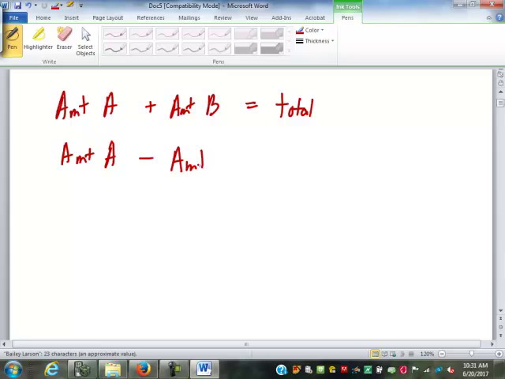We have amount A minus amount B, 2 things that subtract to make a difference. And we can have two amounts that have to be equal to each other: amount A equals amount B.